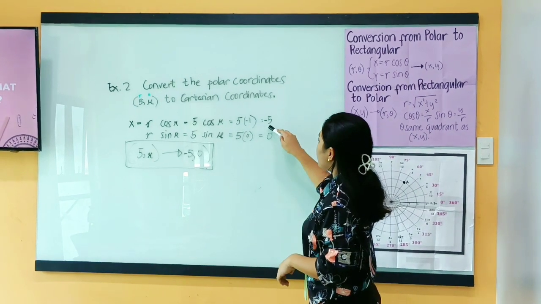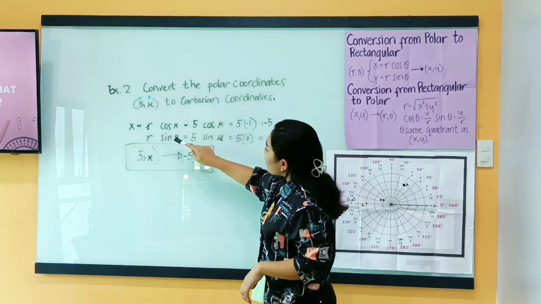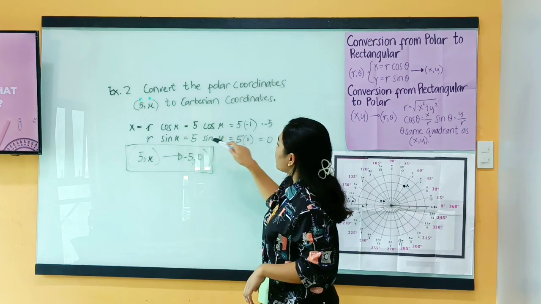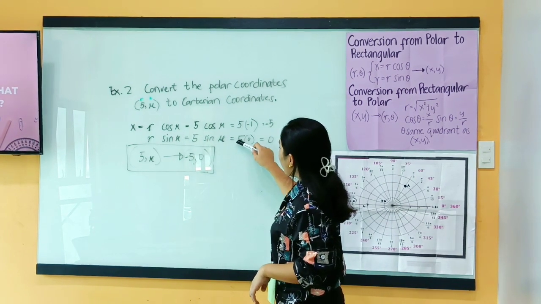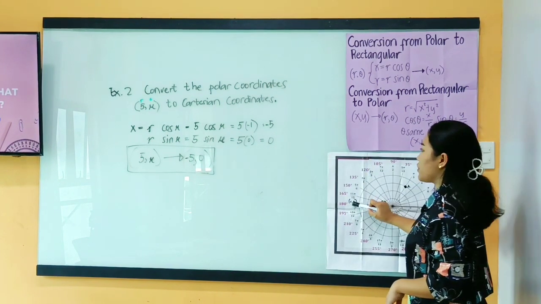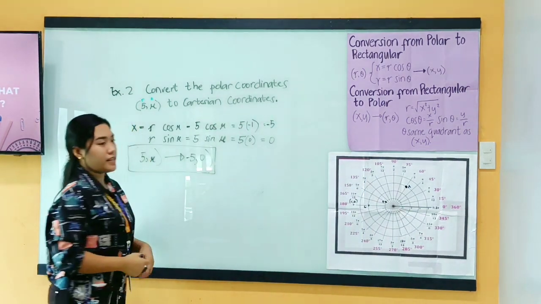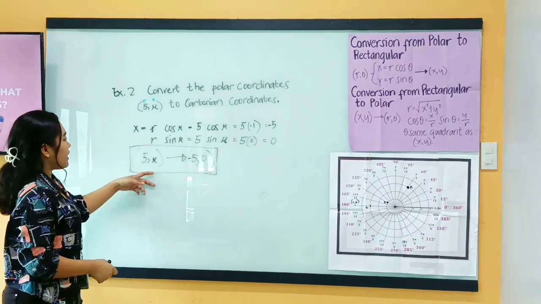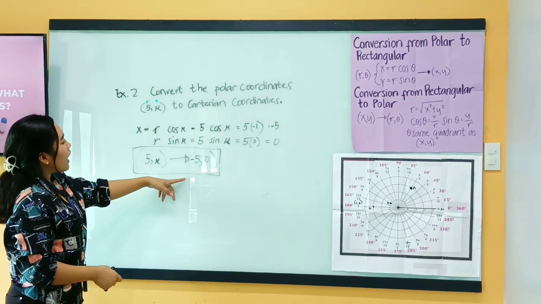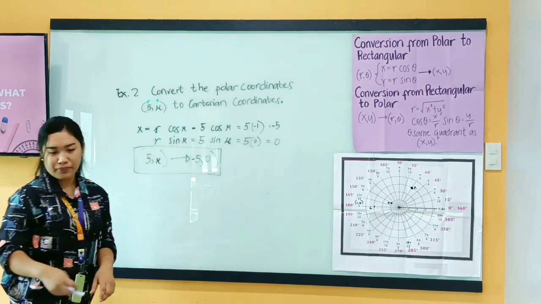So we multiply, and the answer is negative 5. So y is r sine pi, we substitute 5 sine pi, and the sine of pi here is 0. So the answer is 5 times 0 is 0. So our final answer from polar, which is (5, pi), in Cartesian coordinates is (negative 5, 0).